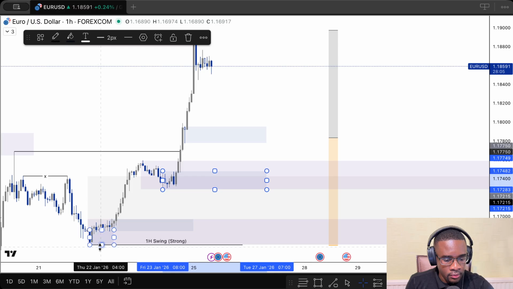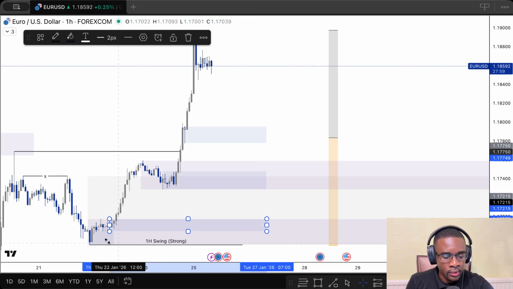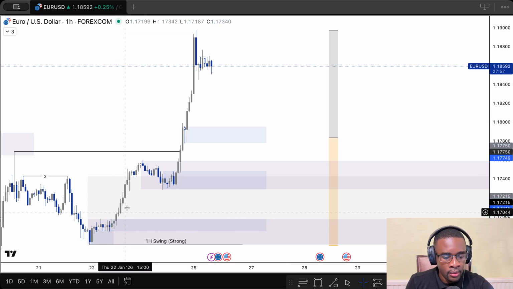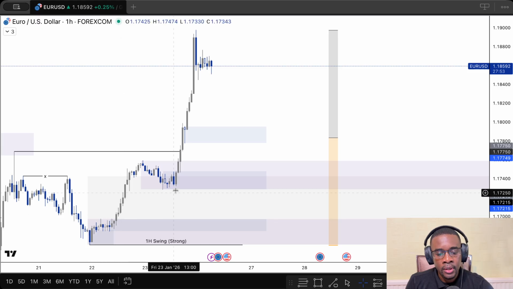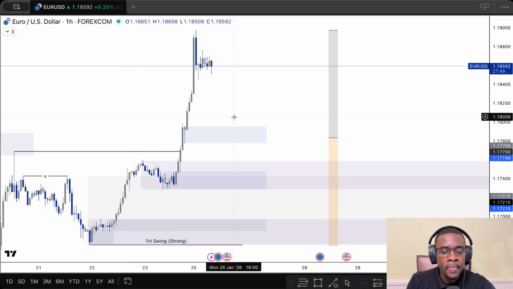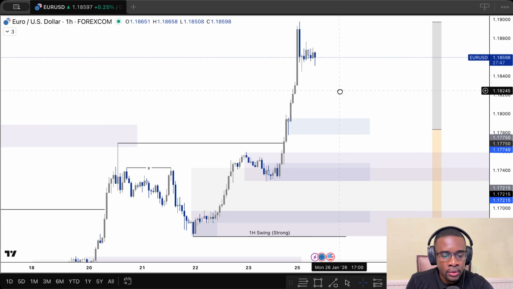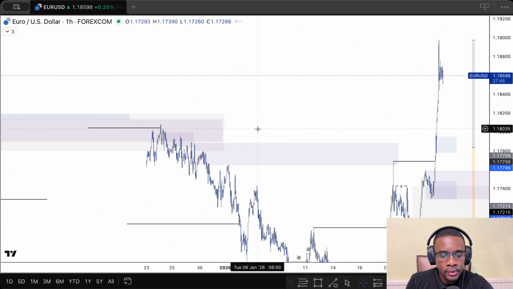On this one, everything else is mitigated, so this would be the only POI that is left. Now this departure is quite weak, it's not very strong, whereas on these two we have strong impulses.